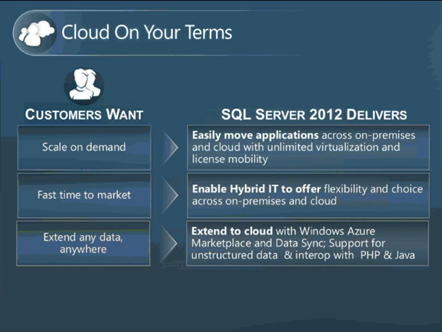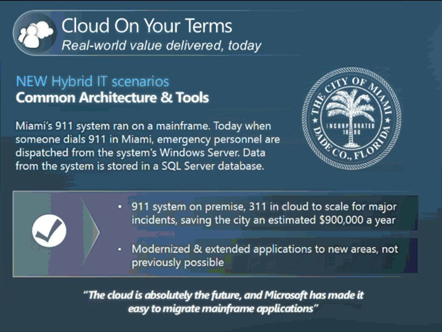So their case study here is for the city of Miami. Again, this case study is posted on Microsoft's website. Just as one example, they've got a 911 system on premise. They know what the load requirements are for that application based on historical data. But then they've got a 311 system in the cloud that has periodic surges in information needed out of that system.